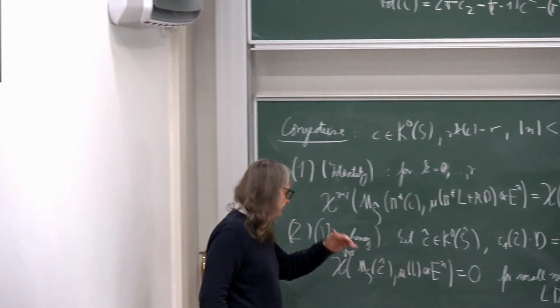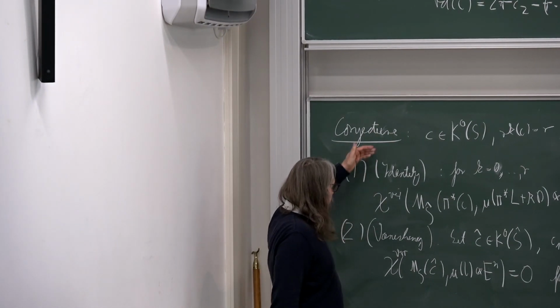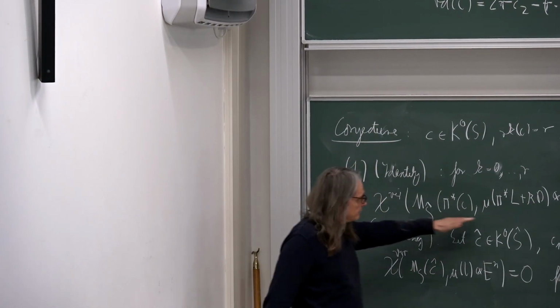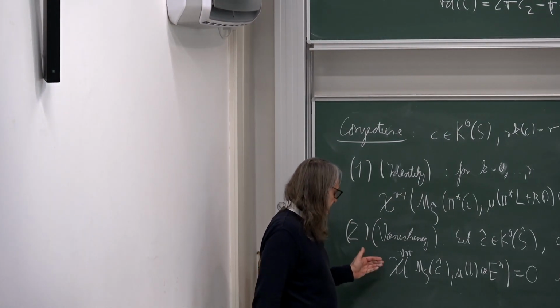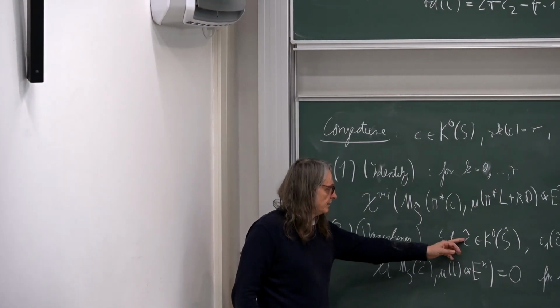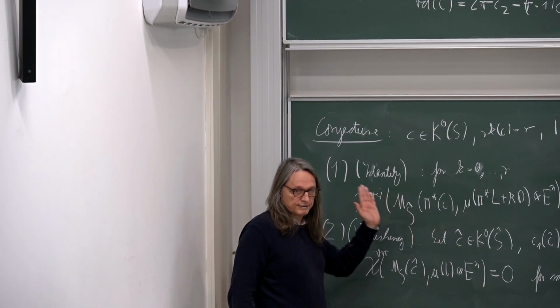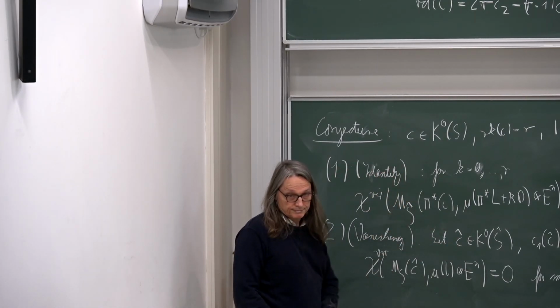So I maybe don't specify what it precisely is. In some cases we get the same on the blown-up surface and on the original surface, and in some cases it vanishes. This has to do with whether we twist the first Chern class of the moduli space or we don't.